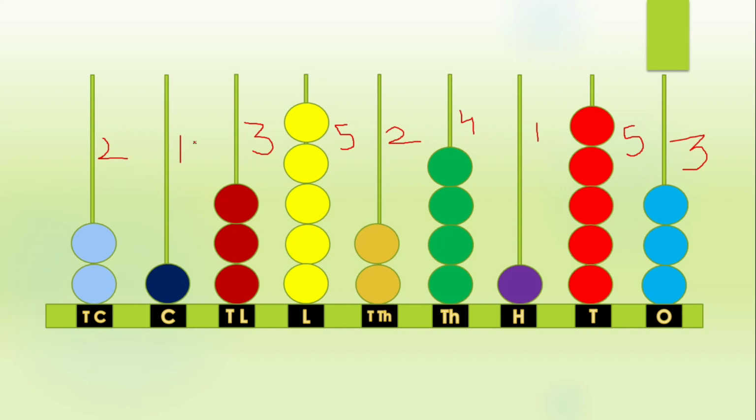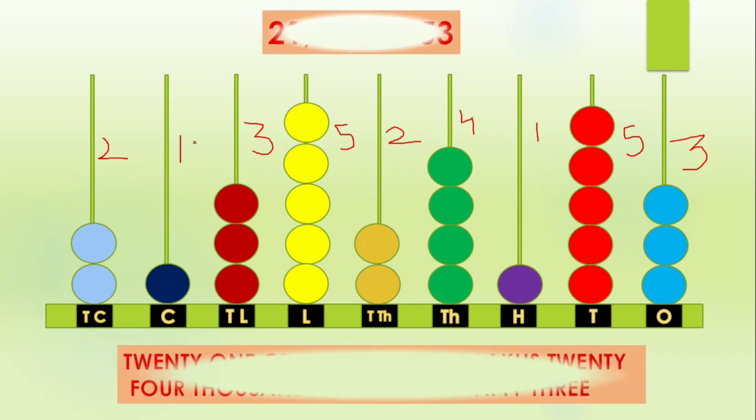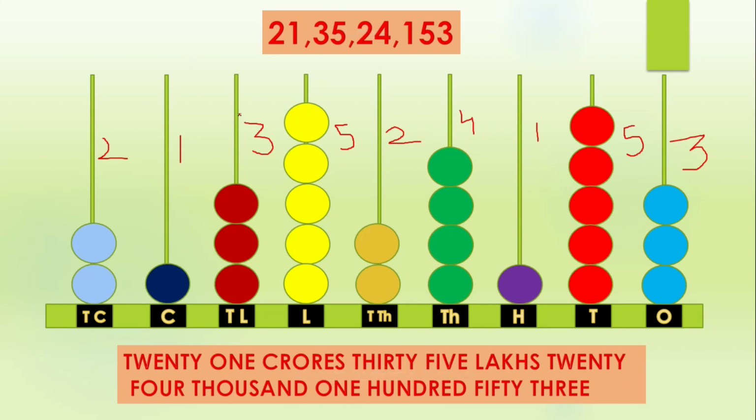So what is the number represented here? The number represented here is 21 crores. These two places we speak together, and then 35 lakhs we speak together, and 24,153.